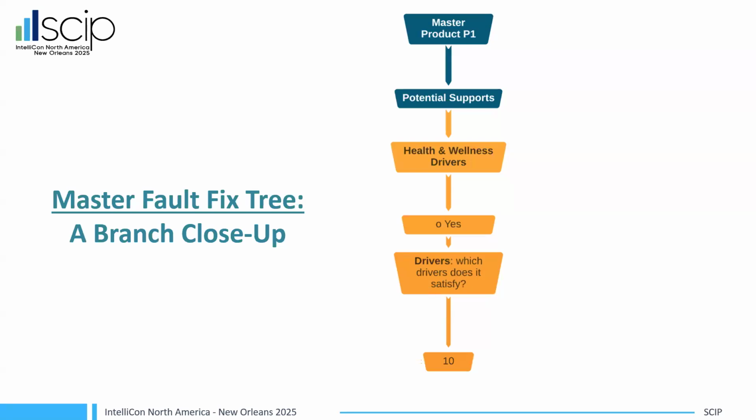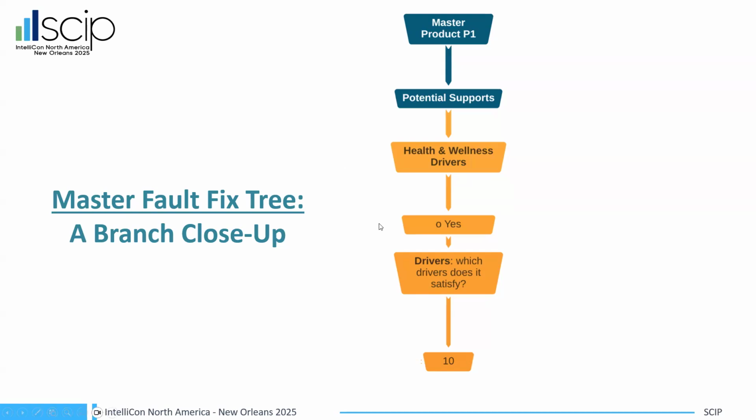So this is what a master original fault tree branch looks like. At the top, you've got the master product, whatever it is, potential supports. This is just one of 13 that we use. This one's health drivers. You ask the question of the product: does it coincide with health drivers that consumers are looking for?